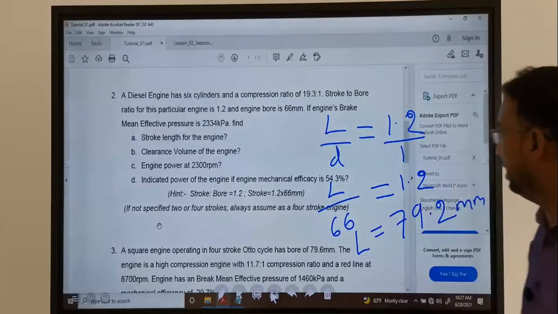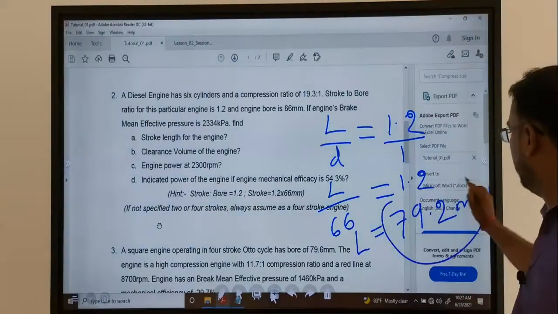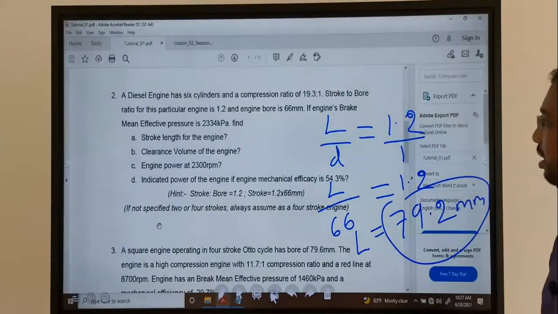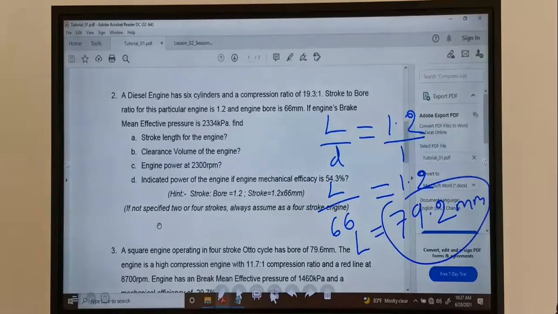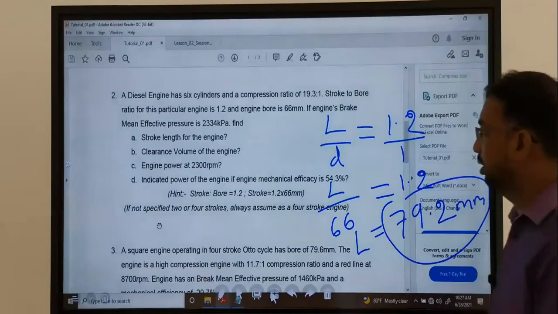So that's the first part. Stroke length for the engine is 79.2 millimeter, because the ratio is 1.2. If the bore is 1, the stroke length is 1.2. So we can find the stroke length.